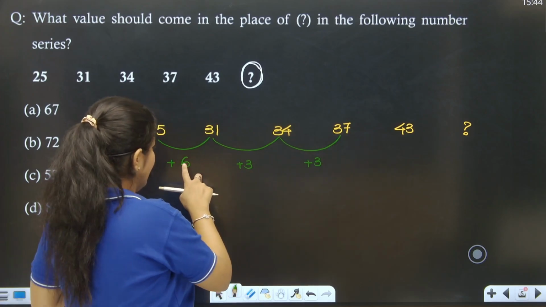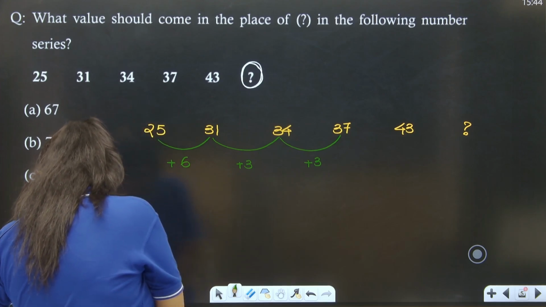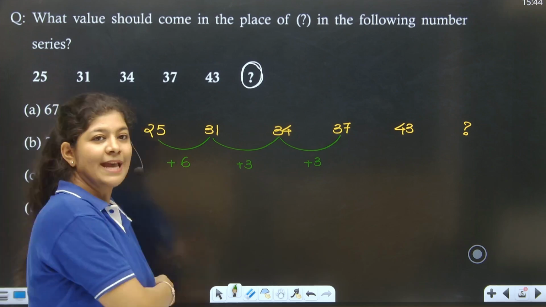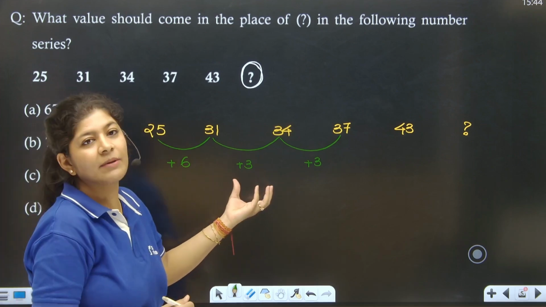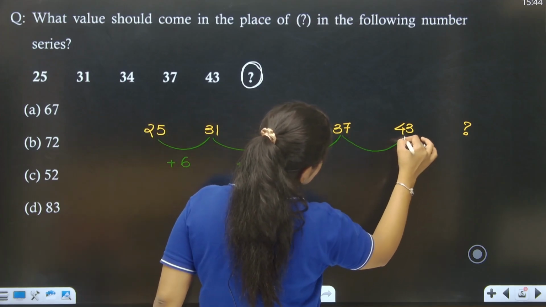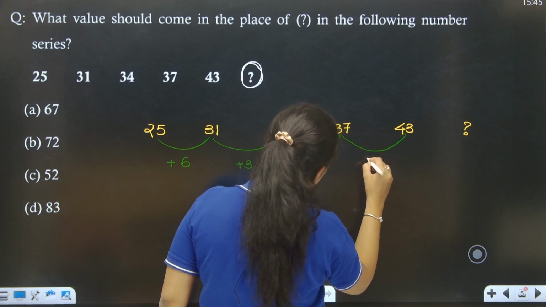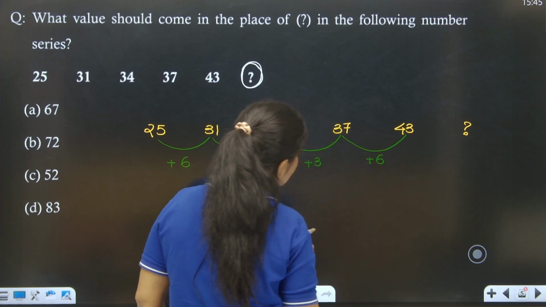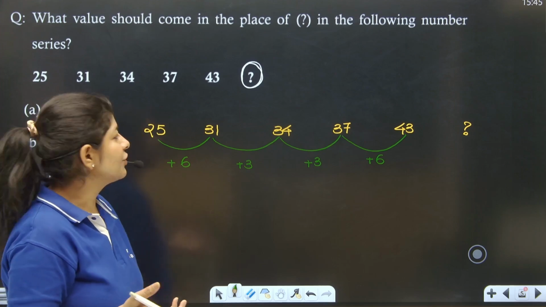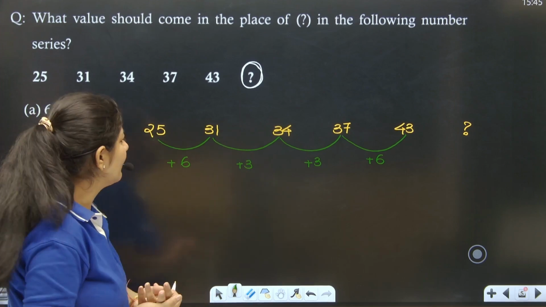So initially we have plus 6 as a difference, and after that we have plus 3, plus 3. But here the difference is increased, and now how much difference do we have? We again have plus 6. Now we simply need to check what the logic is over here. We can't go with the alternate series because the pattern is not applicable.